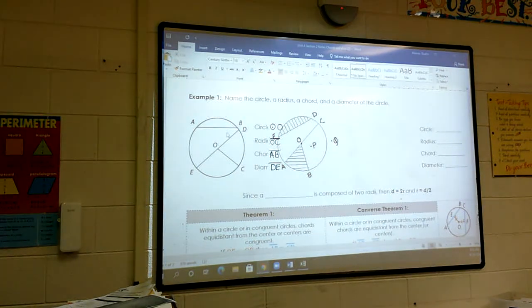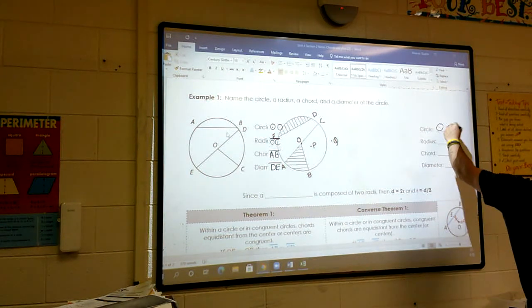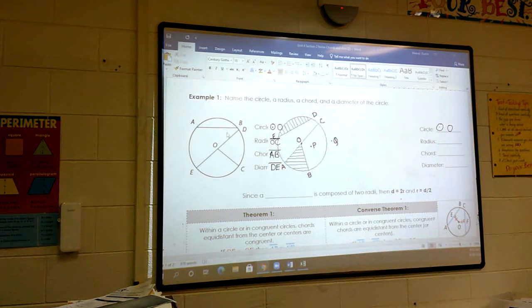Again, on the second circle, it's the same thing. It is circle O, and that's just because of that middle point. Whatever the middle point is, that's what the circle is. The radius is OC or OA or OB. So you have three different options. It could be from C to O, from A to O, from B to O. It's just from the center to a point on the circle.